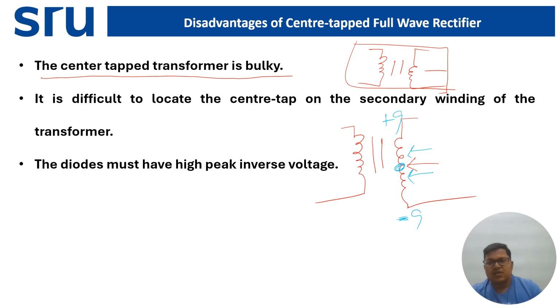We will see the efficiency and the ripple factors will be similar, but the peak inverse voltage will be better, and also we can avoid the bulkiness of the transformer, and avoid finding the center of the secondary windings of the transformer. All these things we will see in our next video, which will be the bridge type full wave rectifier circuit.